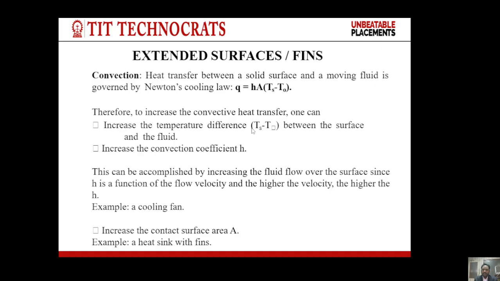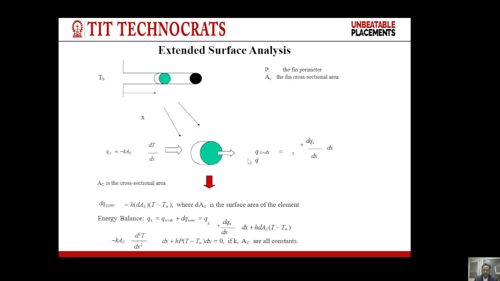By increasing the temperature difference, we can increase the heat transfer rate, and also by increasing the area or the heat transfer coefficient, we can improve the heat transfer rate.